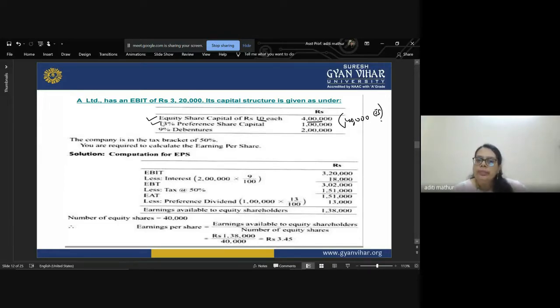Then they have 13% preference share capital of 1 lakh rupees, and they have 9% debentures of 2 lakh rupees, right? So this is a company which has three sources from which it has established its capital structure. They fall under the 50% tax category, and we have to calculate our EPS.